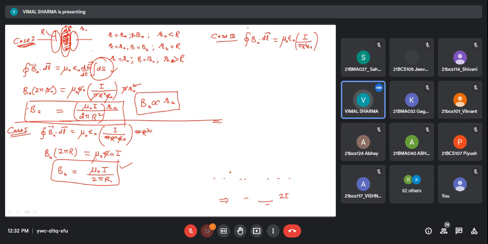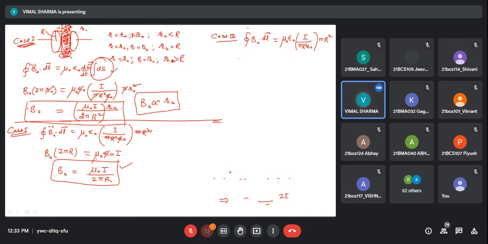this integral dS, but flux is linked with only this part. There is no electric field outside the capacitor plates. So this part, there is no flux linked with this loop. So I can say it is only pi R square, capital R square.